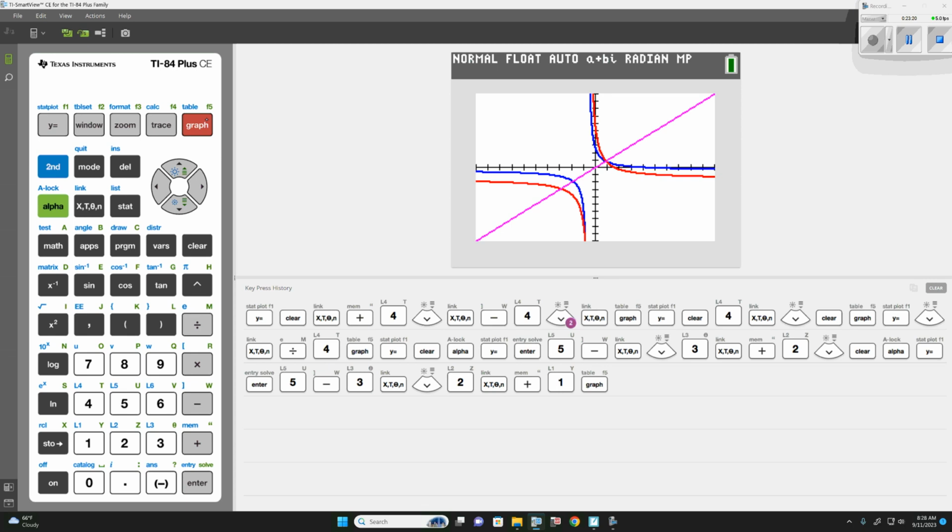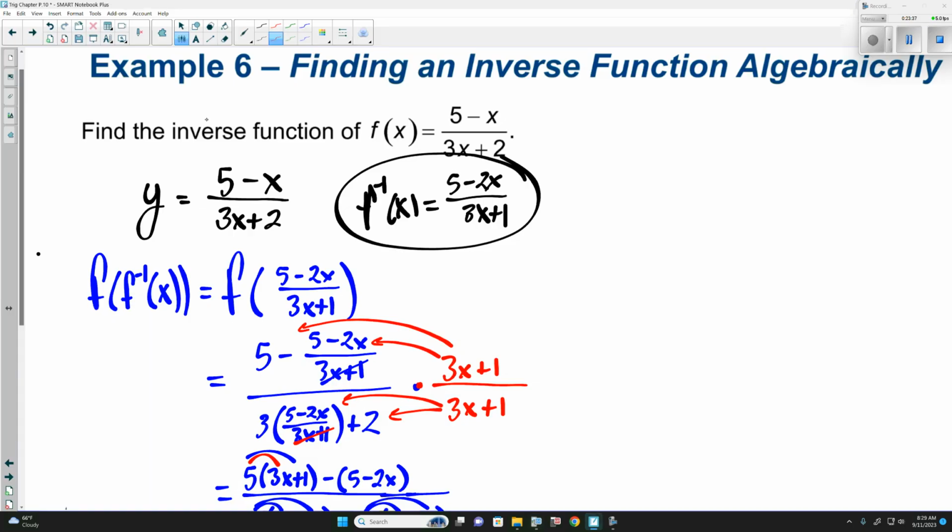It is kind of hard to see, but they are indeed inverses of each other. They're kind of flipped across that line. Now it's hard to see, especially the left half, the bottom in quadrant 3 is a little weird like that, but they are indeed inverses. Questions on any of this here?